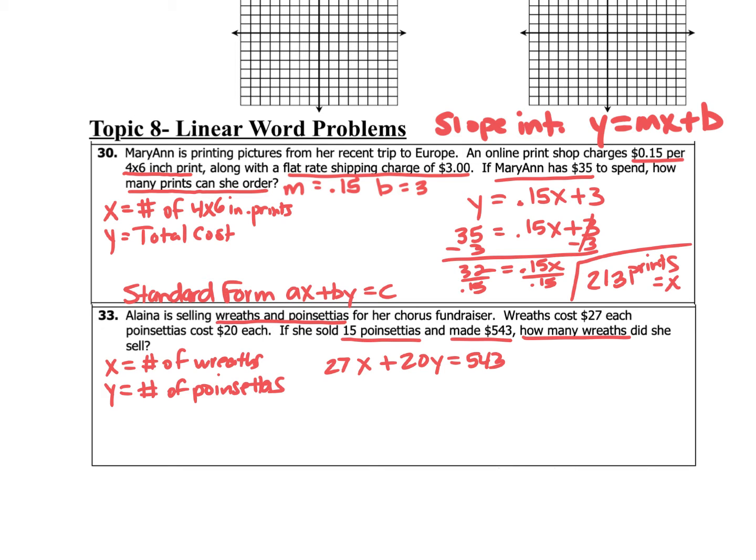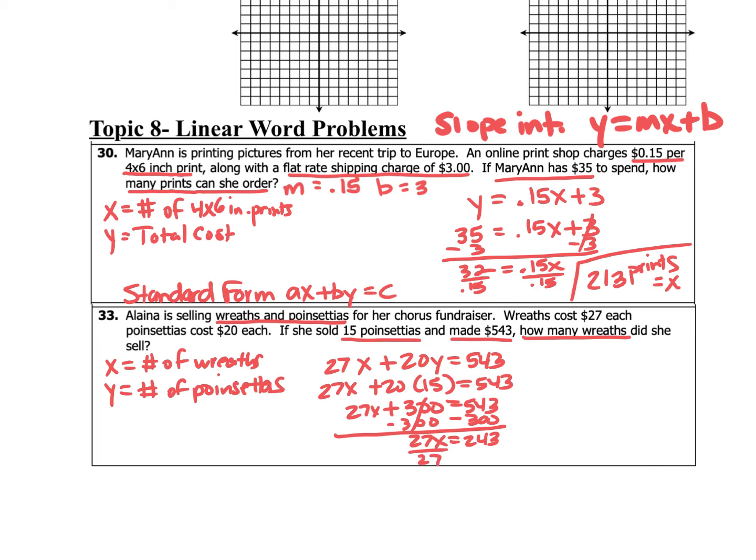It says she sold 15 poinsettias, so 27x plus 20 times 15 equals 543. 27x plus 300 equals 543. Subtract 300. 27x equals 243. Divide by 27. And x equals 9.